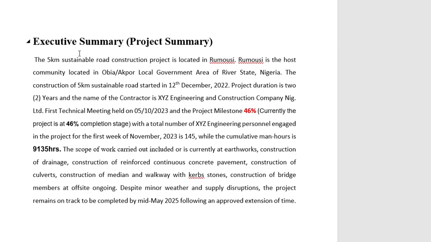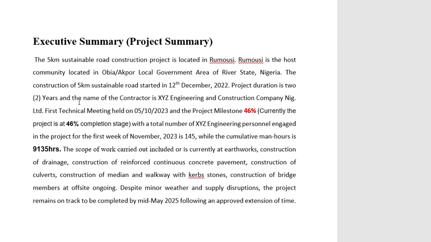The executive summary carries the entire summary of the project. So you can see the 5 kilometer sustainable road construction project is located in Rumosi. Rumosi is the host community located in Obiakpo local government in Rivers State. So you can see the description, the location of the project.